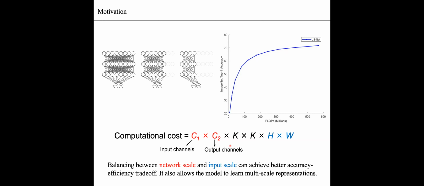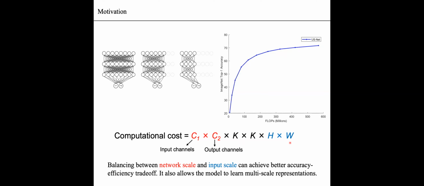So there are two important factors that affect the computational cost: the network scale and the input scale. But slimmable networks only consider the single network scale, by changing the width of the network, and totally ignore the input scale.